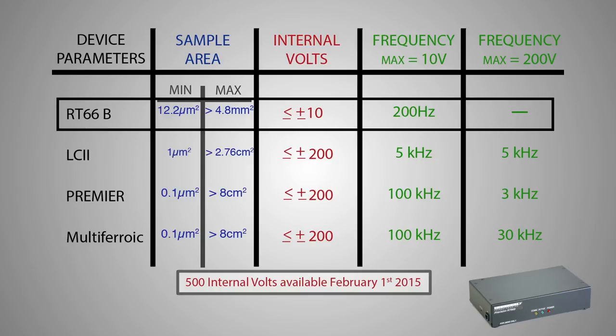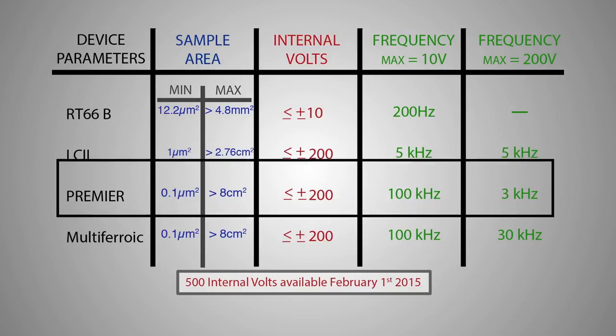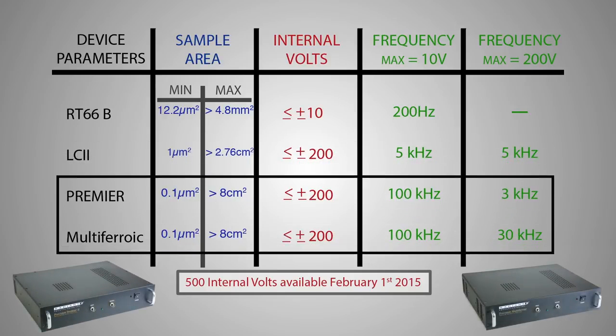The RT66B provides inexpensive test capability for research groups just learning to fabricate nonlinear materials. The Precision LC2 offers the full range of test capabilities residing in the Vision library with a performance envelope much larger than the RT66B. The Precision Premier and Precision Multiferroic test systems are the most powerful offered by Radiant.